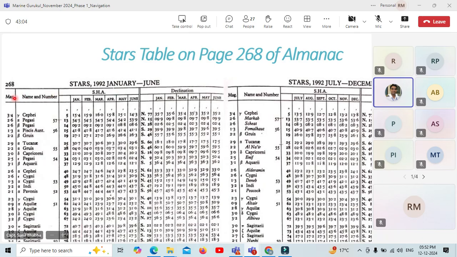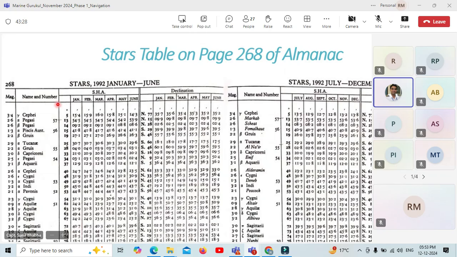Now this table gives us the required information about the stars. The first column gives us the magnitude number of each star. The second column gives us the name and number of the star.